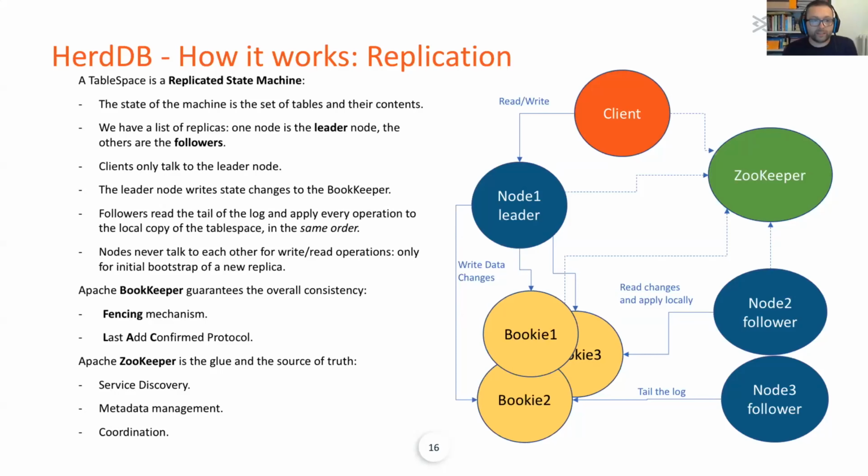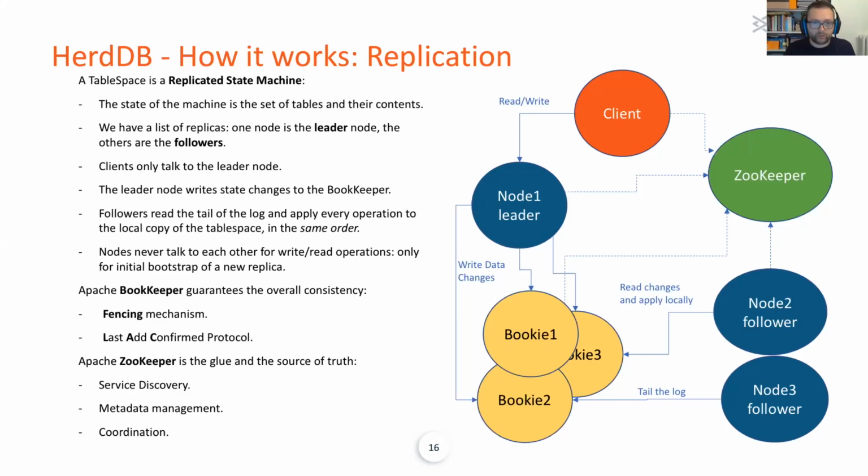The leader node writes the change to the bookkeeper, depending on the replication factor, but it sends the writes to the bookkeeper. The followers continuously read the tail of the log and apply every operation to the local copy of the table space, exactly in the same order. So they will eventually have the same data for each table in the table space.